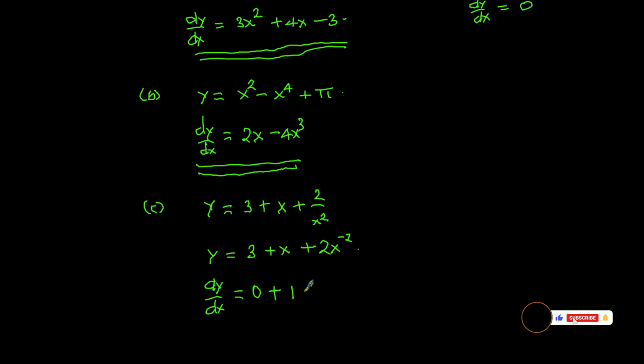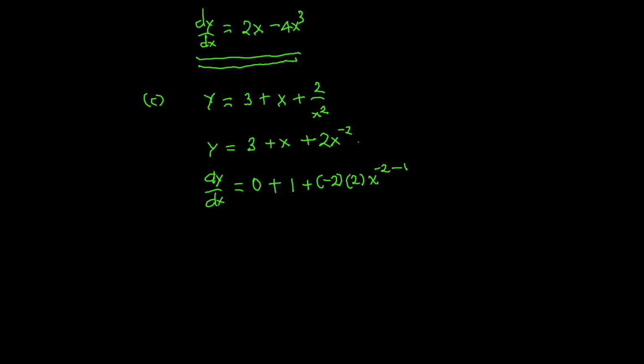Now plus, here our power is negative 2, so I'm going to multiply negative 2 by this quantity, which has 2 in front of it, and we have our x to the negative 2, but according to the power rule we also drop this by 1. So let's simplify our work: dy by dx is going to be equivalent to 1, and this one is going to be minus 4x to the power of negative 3.